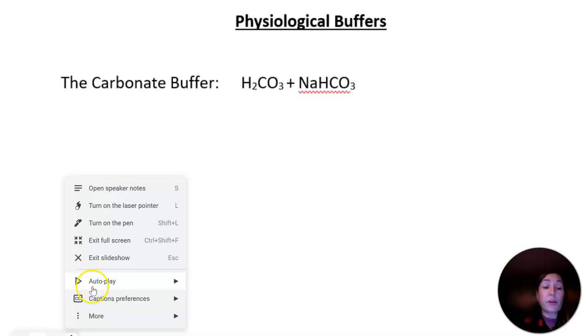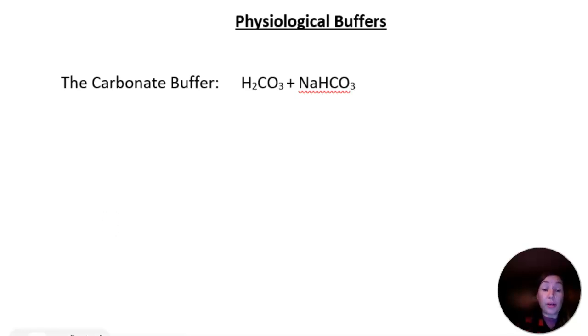So the first buffer we're going to talk about is the carbonate buffer. In the carbonate buffer, H2CO3, or carbonic acid, acts as a weak acid. And NaHCO3 is a salt, right? The sodium ion kind of gives it away that it's going to be a salt.